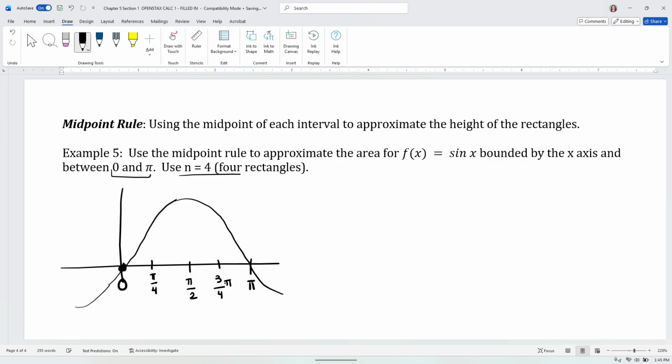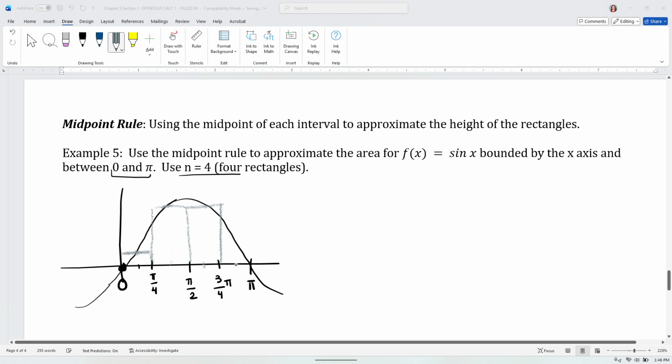Now, if I'm going after the midpoint, my very first one, see if this makes sense to you, is going to be in between here. So here is where the height will be dictated for this rectangle. And then here for that one. And then here for this one.